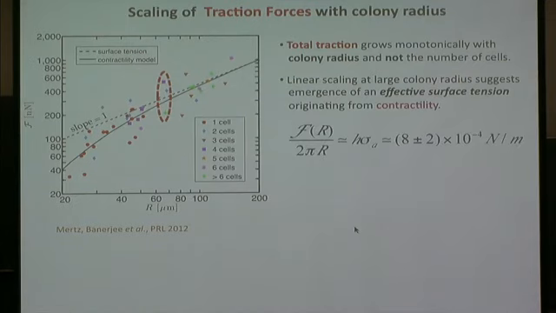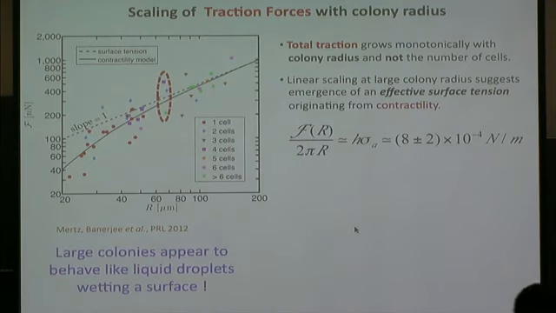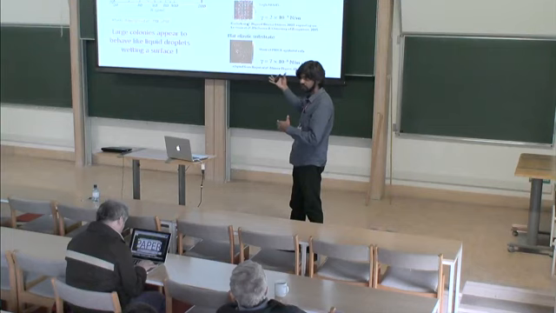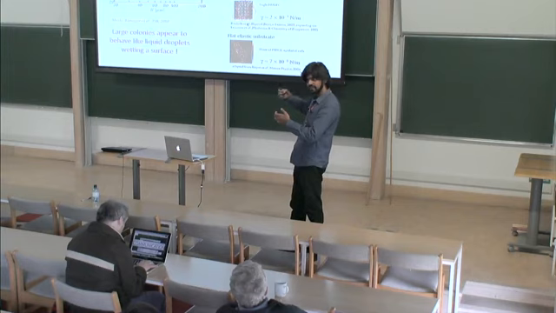The surface tension that comes about is about 10 to the power minus 3 newtons per meter. That is of the same order of magnitude as estimated for other kinds of cells as well. The message I'd like to convey is that large cell colonies can be thought of as a liquid droplet wetting a surface, where the surface tension does not come from interfacial energies, but from the active stresses within the cell.